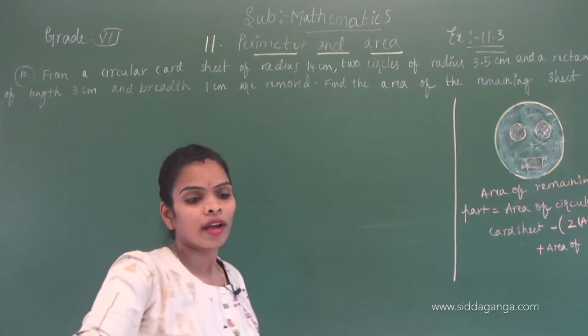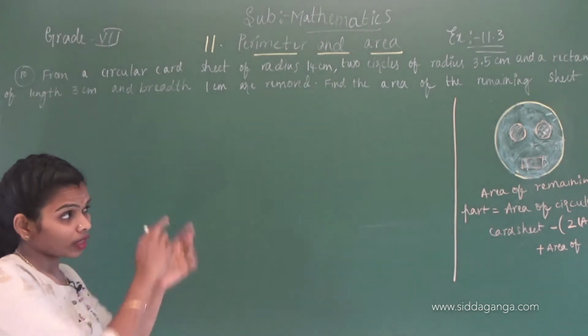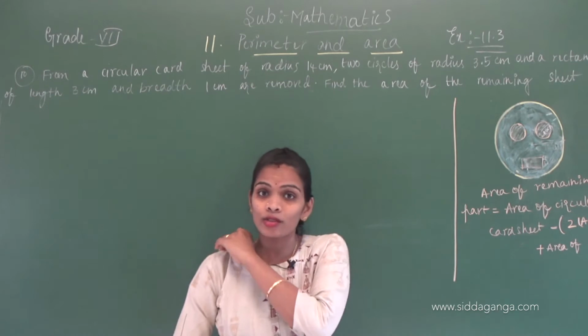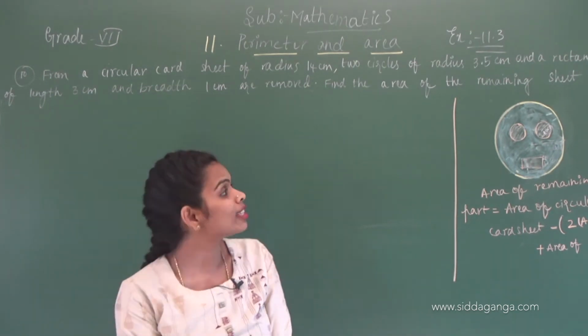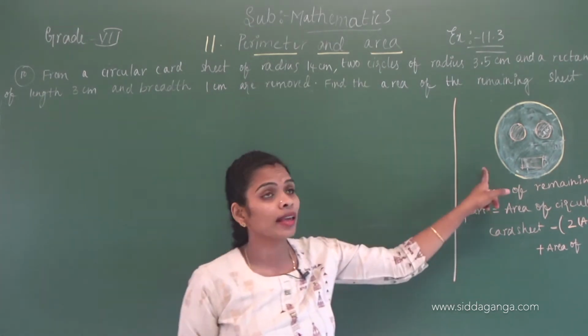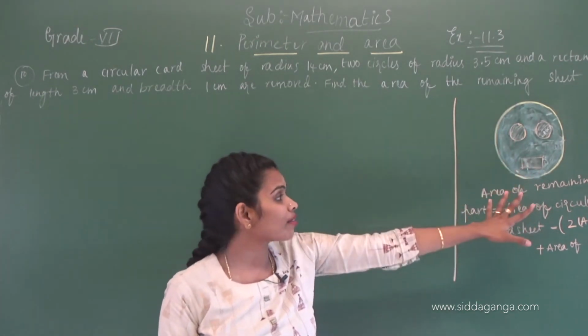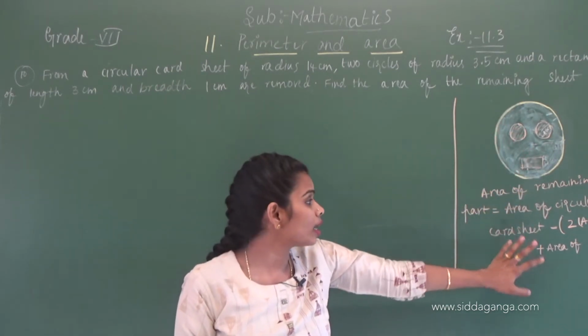Area of rectangle. Here, one small circle they have given. In yesterday's class I explained the problem and asked you children to try it once. I think you tried, you are good children. Here, one circular card sheet they have given, with dimensions, correct children.